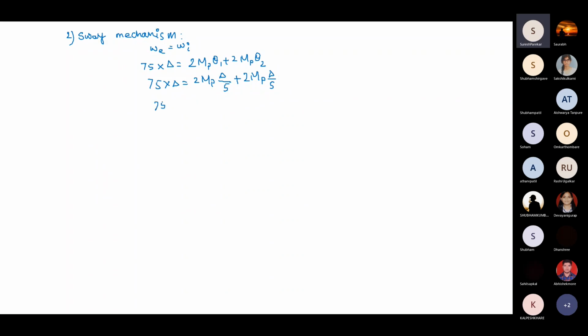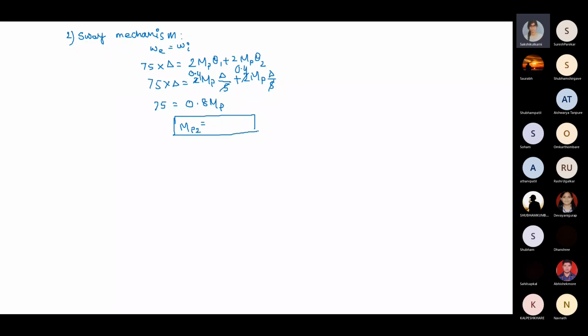So it becomes 75 equal to 0.8 MP. From this we will get MP is equal to 93.75.